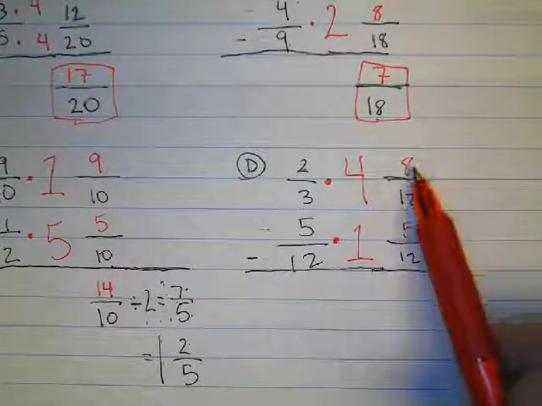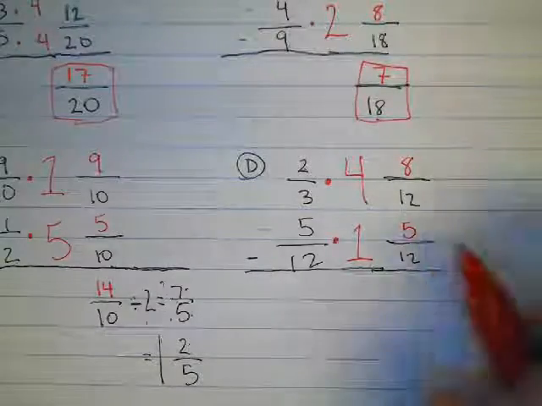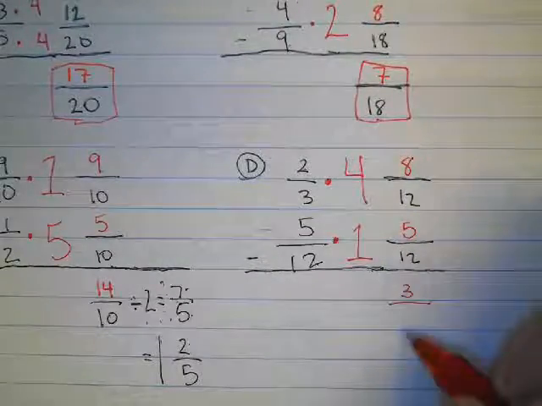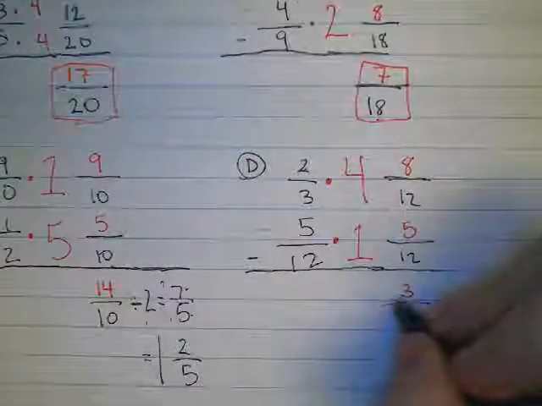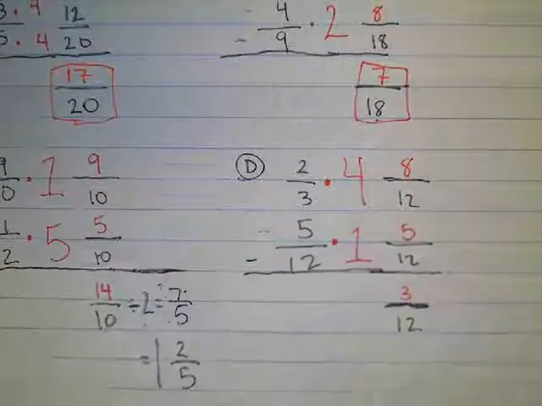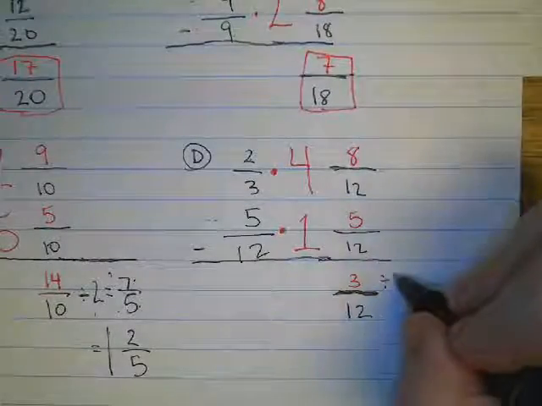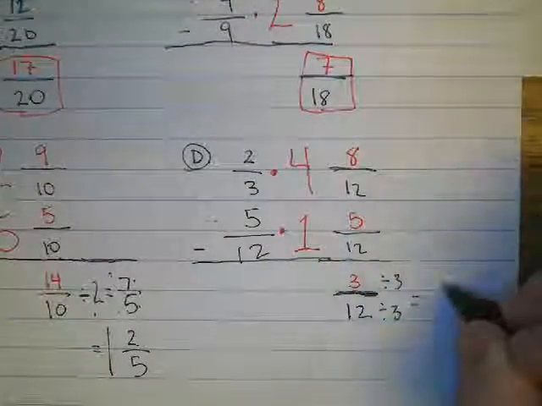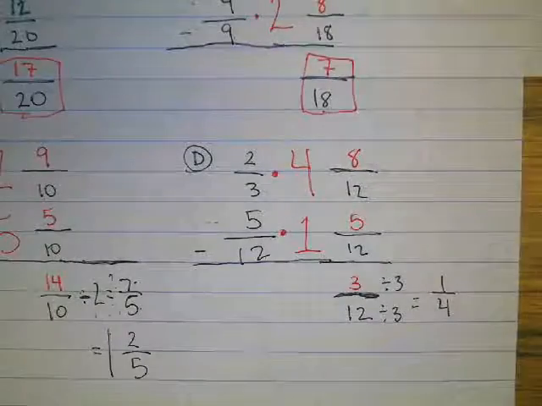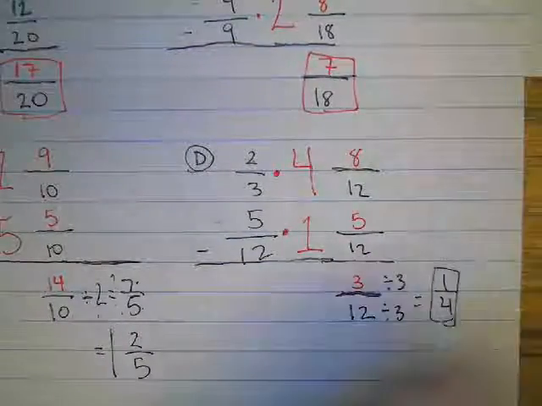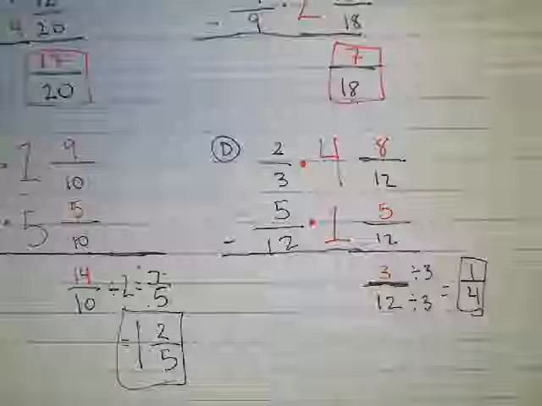So then we'll subtract: 8 minus 5 is 3 over 12, the denominator stays the same. And then I'll need to simplify, so I can divide both top and bottom by 3, and I'll get 1/4. And there's our answer.